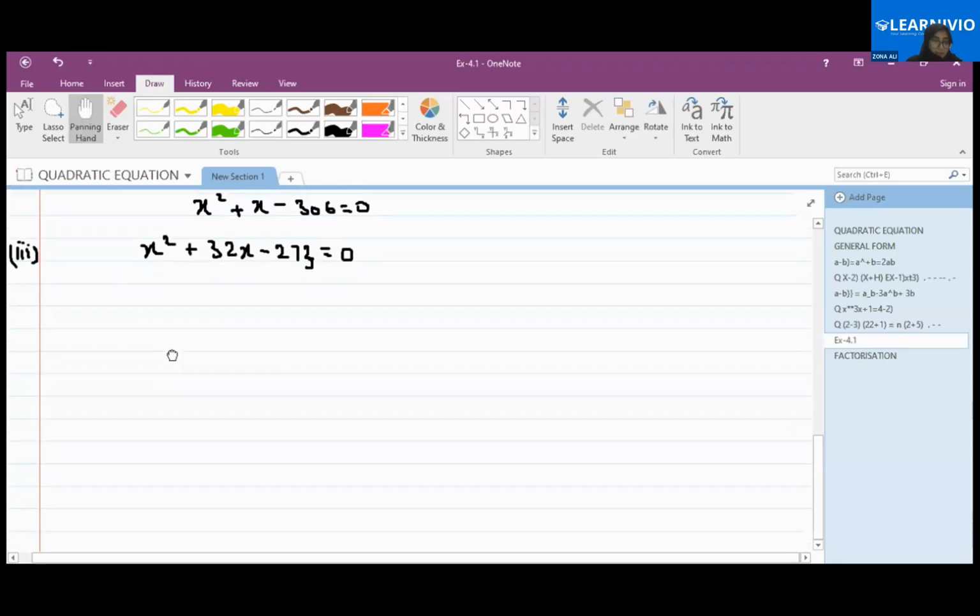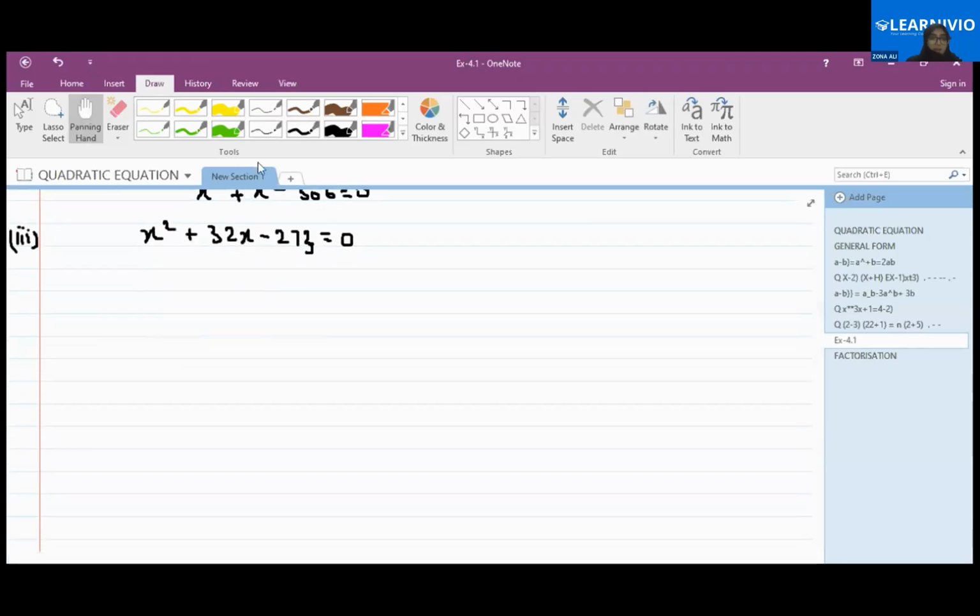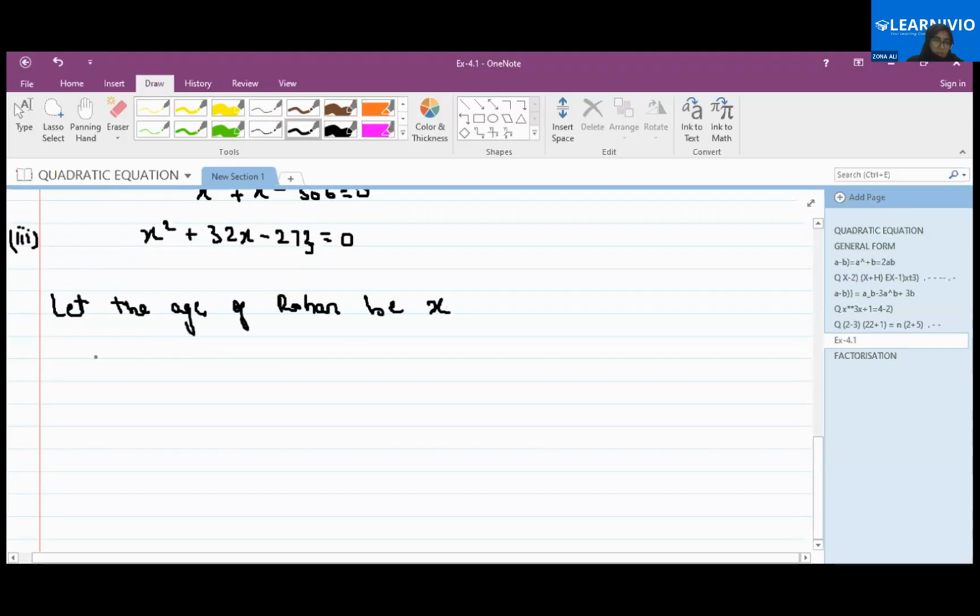So the question says Rohan's mother is 26 years older than him. First of all, let the age of Rohan be x. So the age of mother is x plus 26.